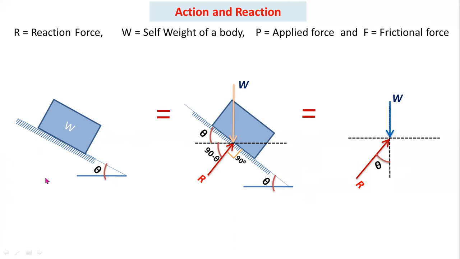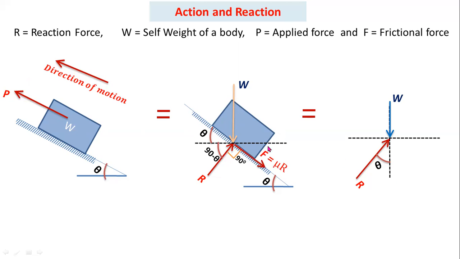Now if you are applying a force in the upward direction, if you want to pull this block in the upward direction, that means we are applying an external force P on the block. Then the direction of motion is upward.